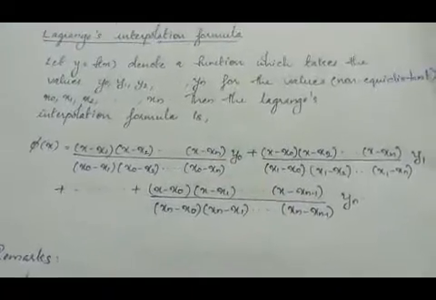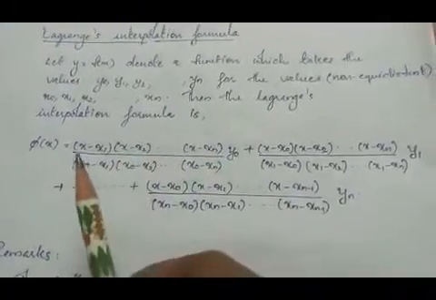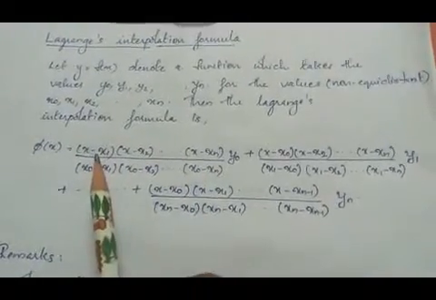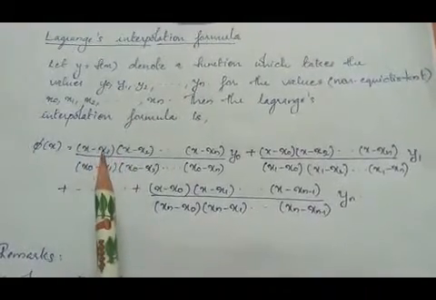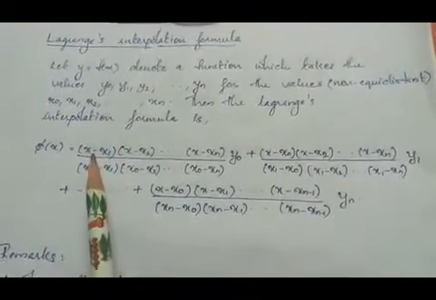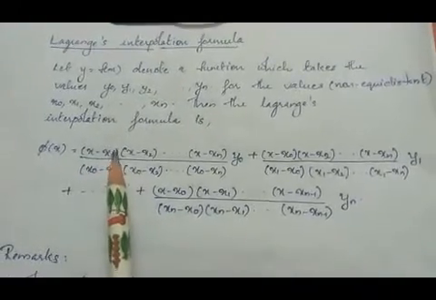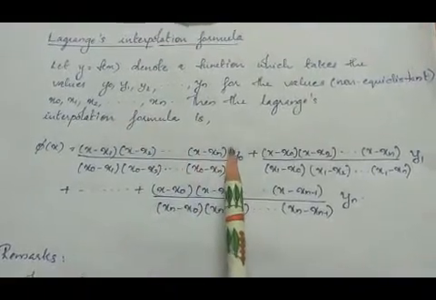Now take a close look at the first term. You can see that in the numerator we have many terms, right? Look at each term. Look at the pattern that is followed. In the first term we can see x minus x1 into x minus x2 etc. till x minus xn.